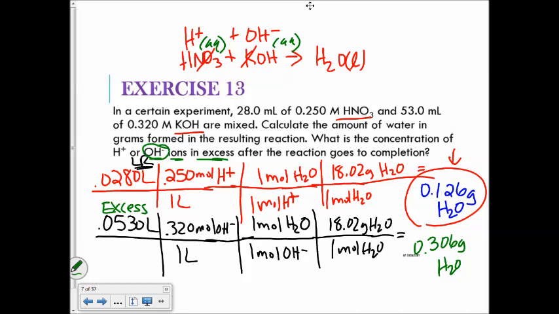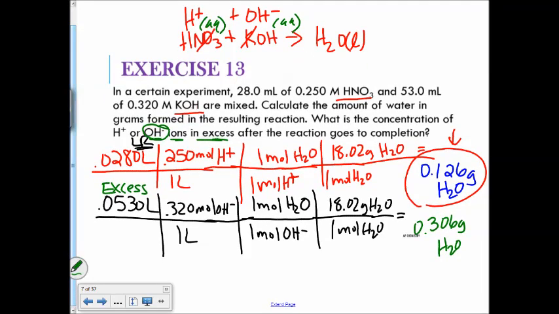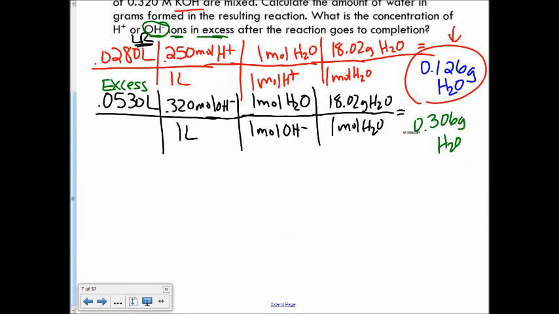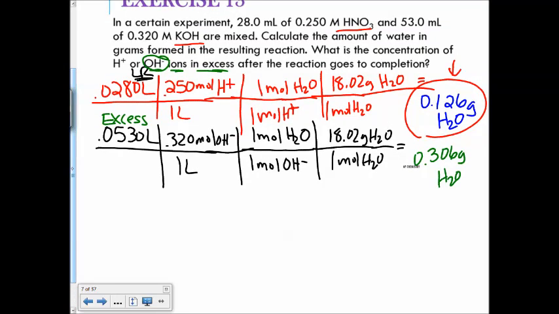So now we go to figuring out how much of the hydroxide is still floating around in the water. So just like you did earlier on the quiz, what should I do with my hydroxide first to start this process? Figure out the moles I start with, how many I'm starting with, right?